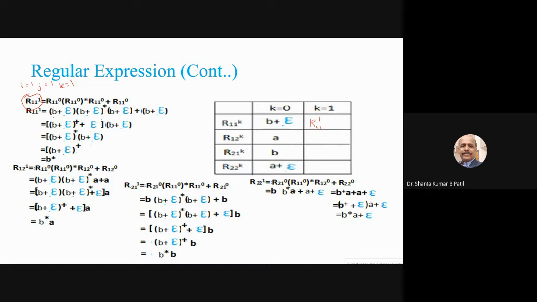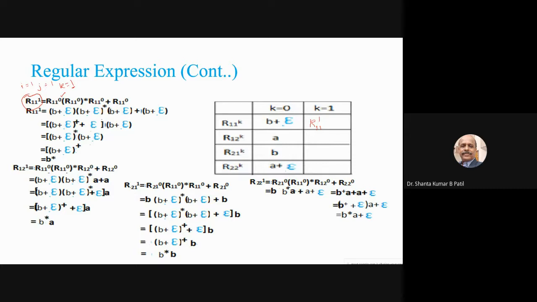Wherever i, j, k are there in the regular expression, you substitute that. R i k minus 1. So k minus 1 is, k is 1, 1 minus 1 is 0. Next, R k, k is 1, this k is also 1, k minus 1 is 0, 0 star, according to the equation.